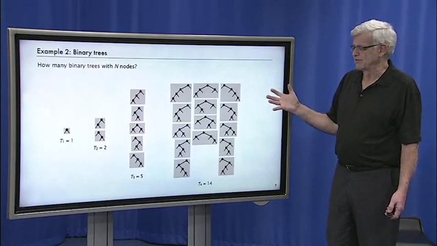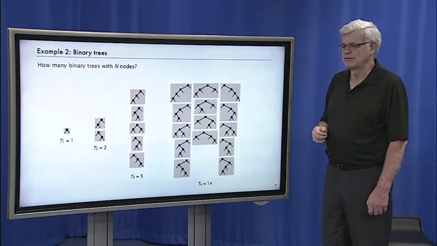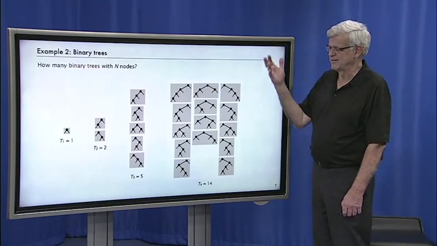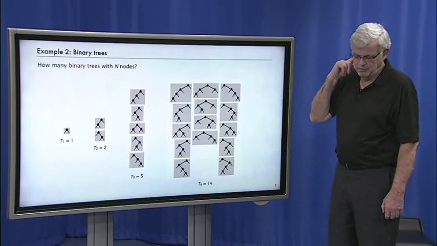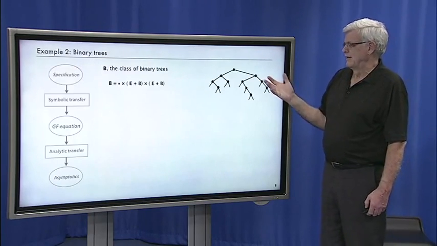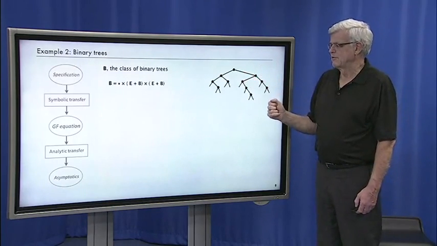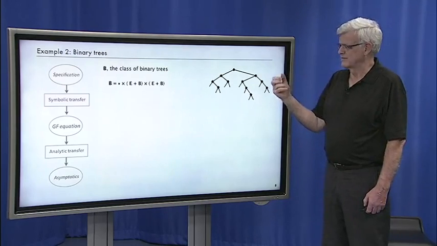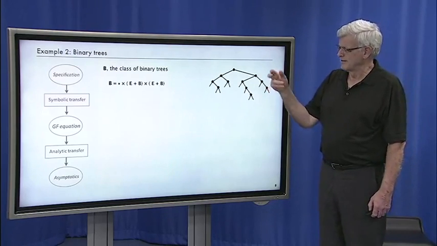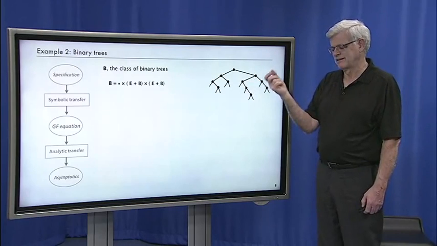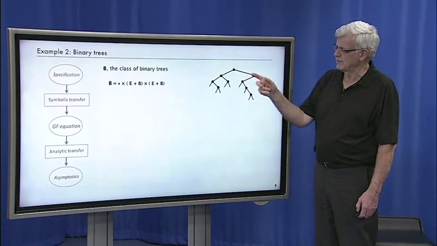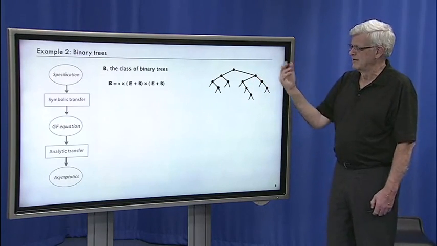So what about binary trees? That's another familiar example that we've looked at since the early lectures in part 1 of this course. Well, one way to construct binary trees is to say it's an external node, or it's an empty tree or a binary tree on the left, or an empty tree or binary tree on the right.